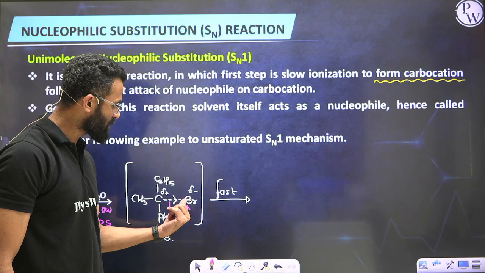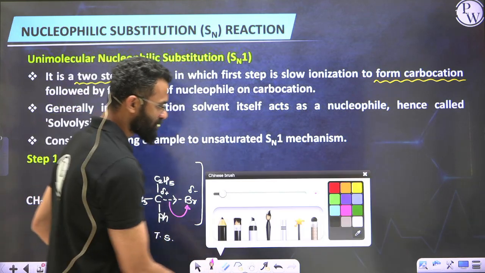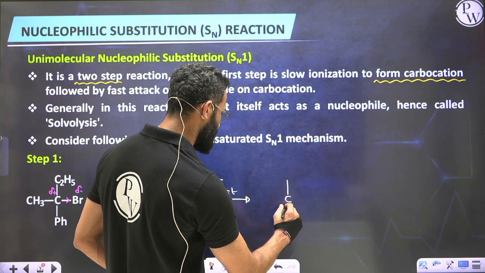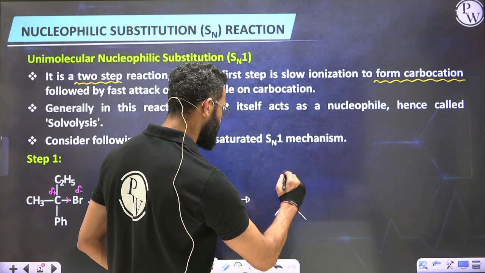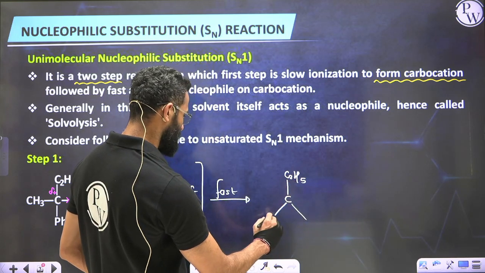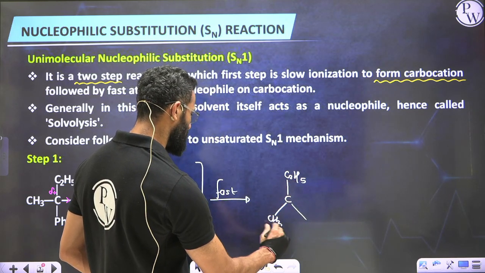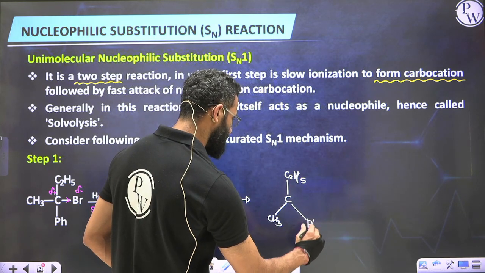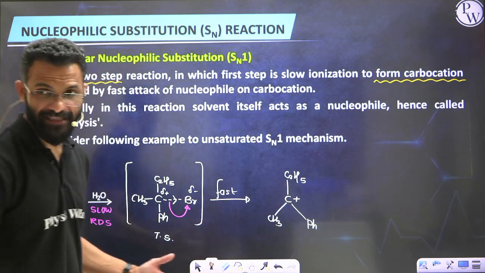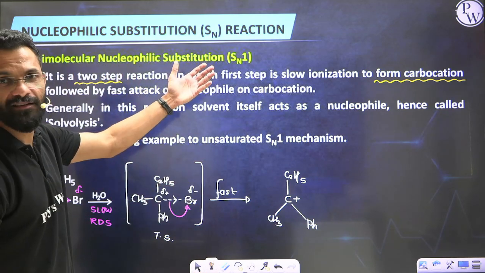Immediately the carbon bromine bond was broken, and as a result we get formation of a carbocation. So that's how we got formation of the carbocation, C2H5, here we have the methyl group and the phenyl group, with the carbon carrying a positive charge. Right guys, this is what we have mentioned over here.